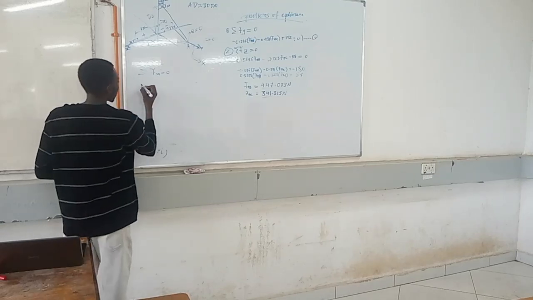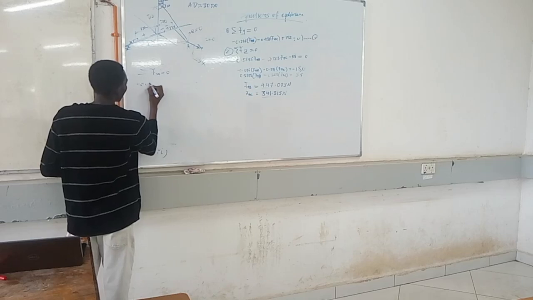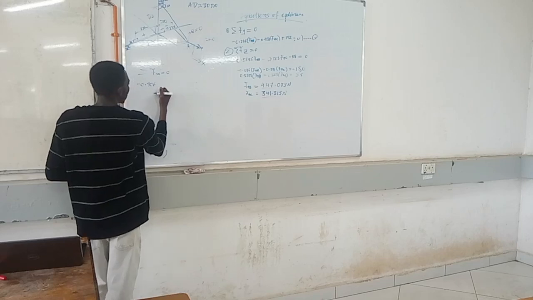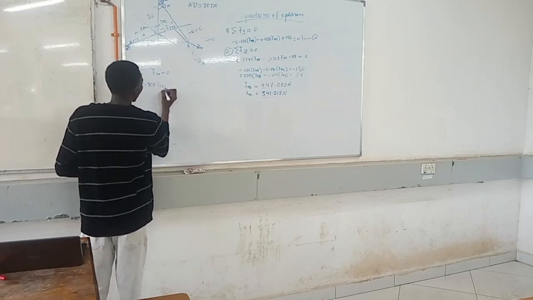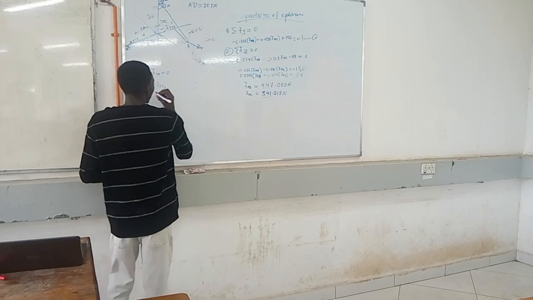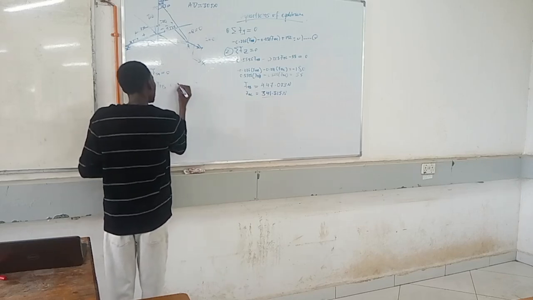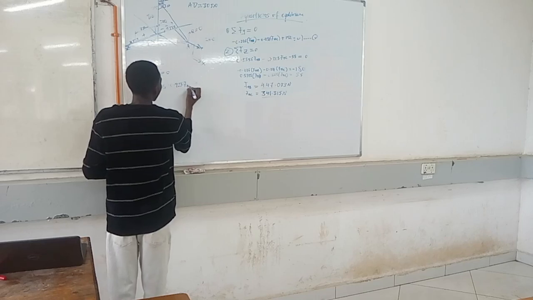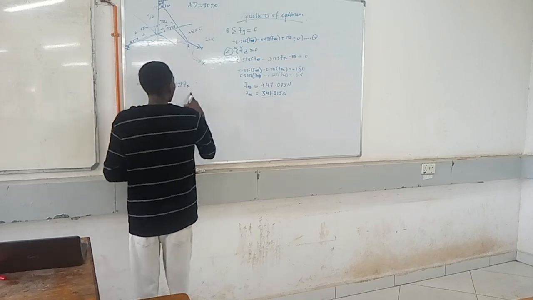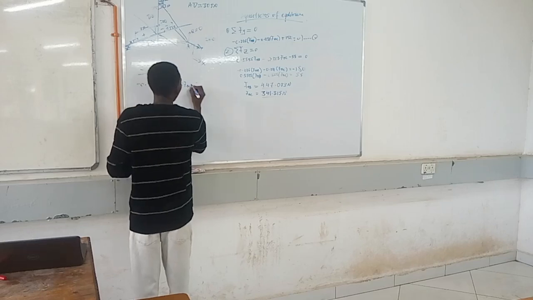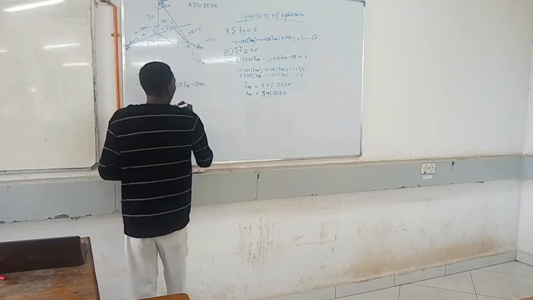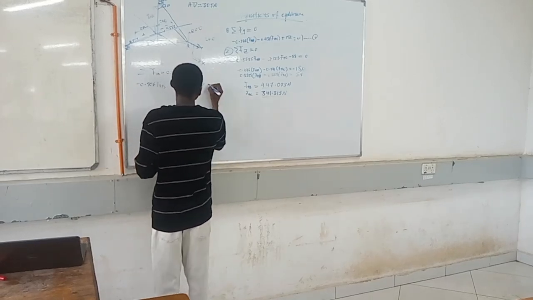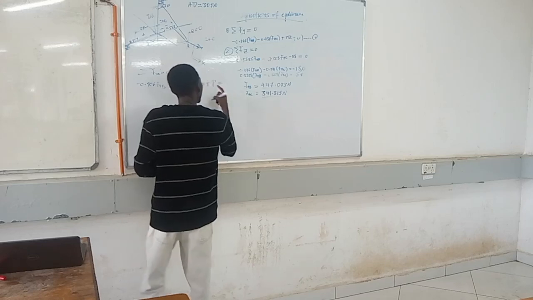Negative 0.906 force AB. The other one in the x, negative 0.923 force AC. The last one, negative 240, and positive P, which we are looking for.